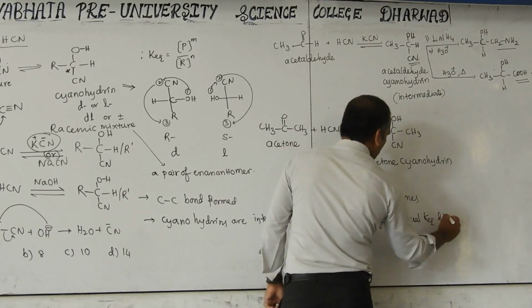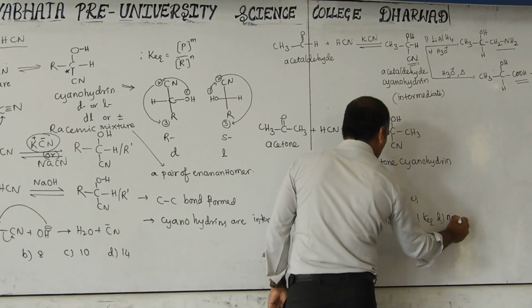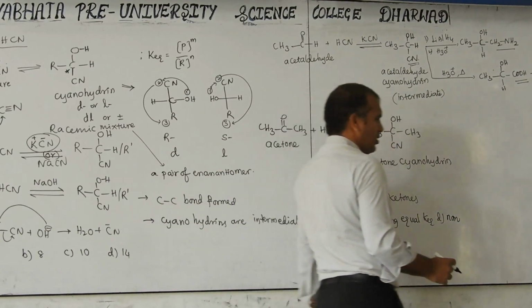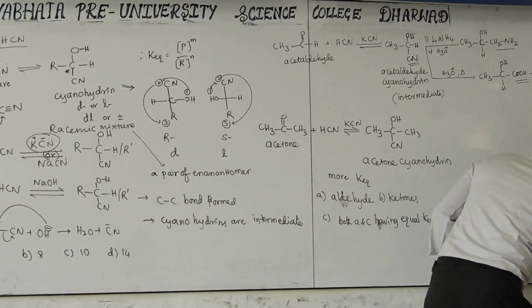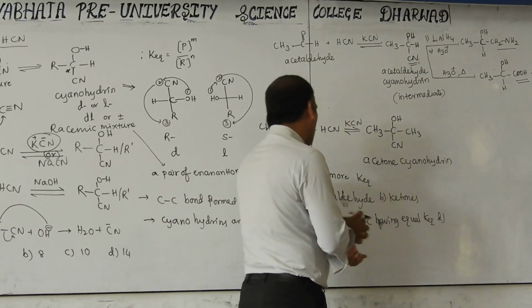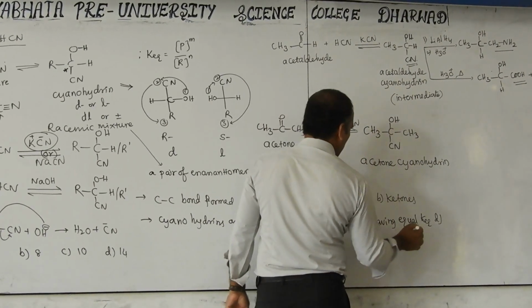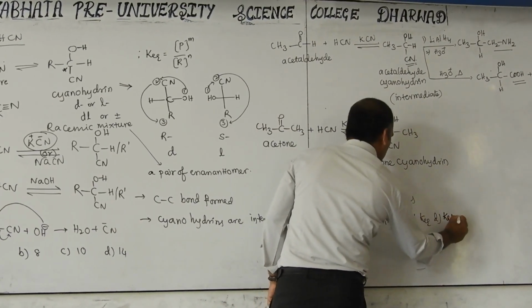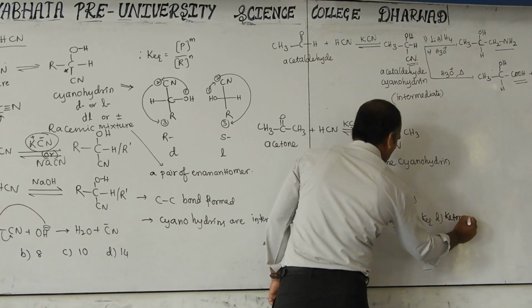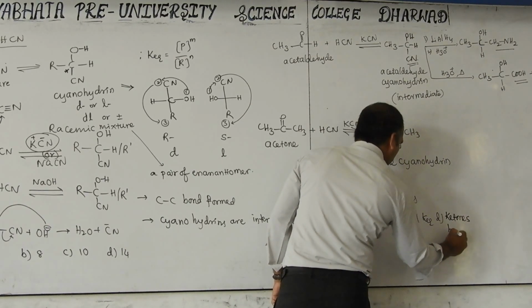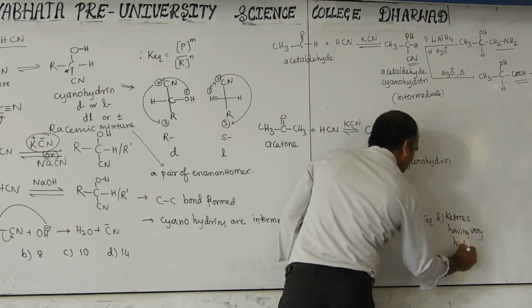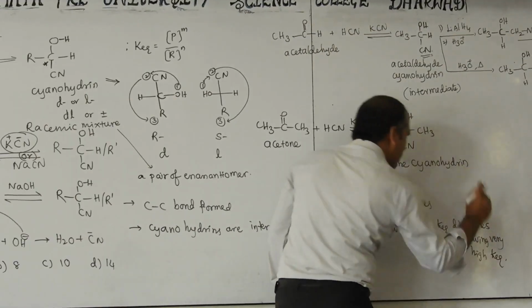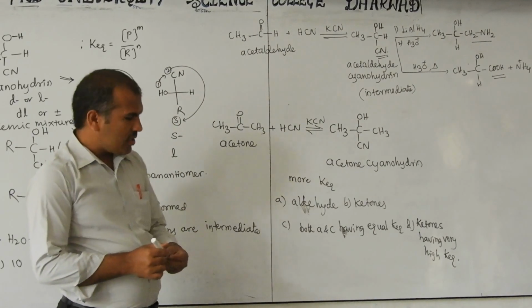D, none. It means none is not the right option. You can give ketones having very high K equilibrium. Then which is the correct answer?